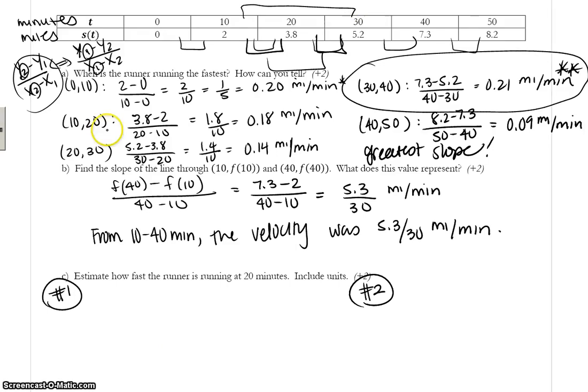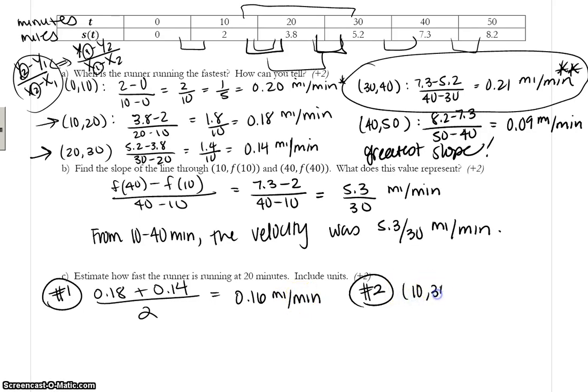So 10 to 20, we already found this, right? So that's 0.18. And 20 to 30, we again already found this. And that's 0.14. And we want to take the average, so you can divide by 2, and that gives you 0.16, and our units are miles per minute. Option number 2 was to find the interval from 10 to 30.